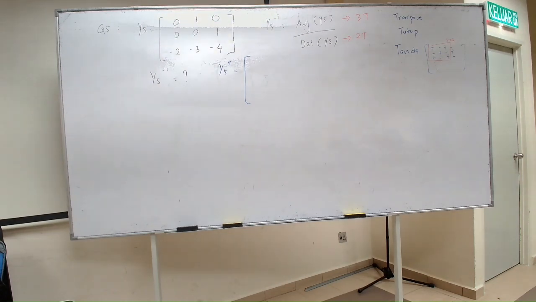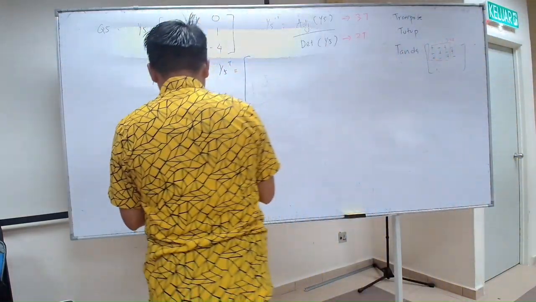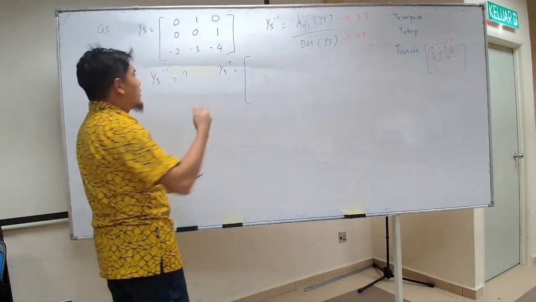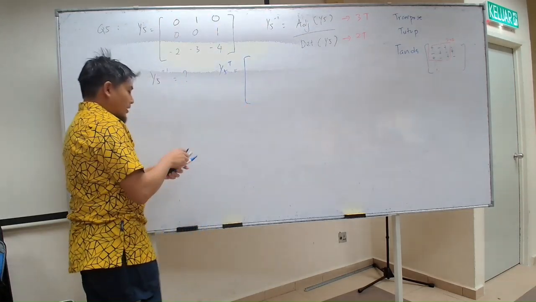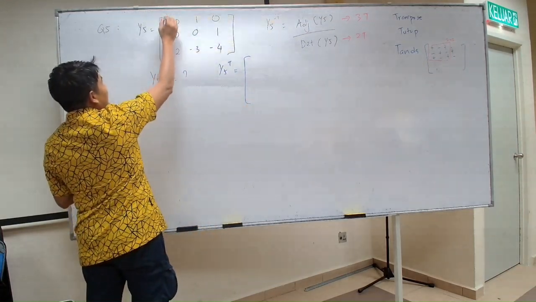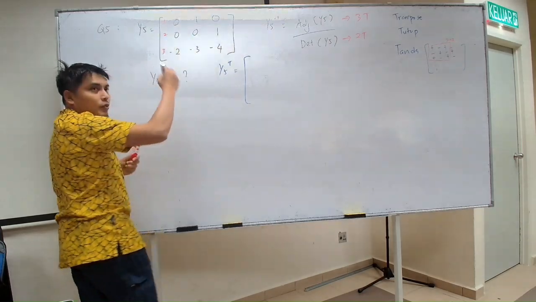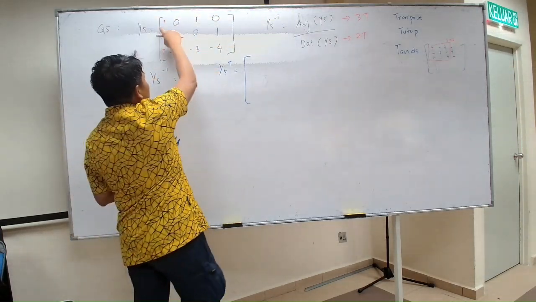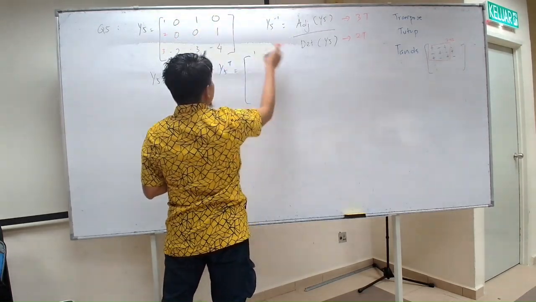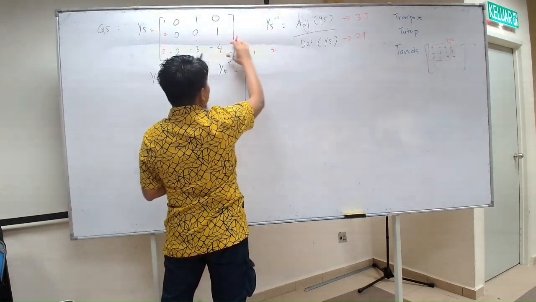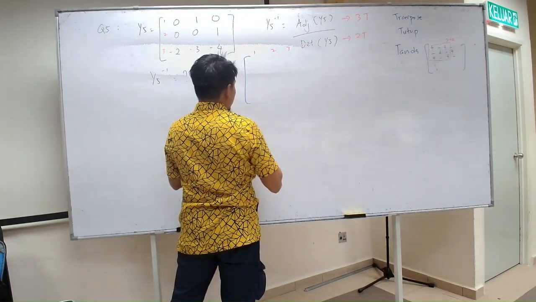So what is it? 0, 1, 0, 0, 0, okay. The transpose will convert the row to column. This is the first row, this is the second row, this is the third row. So the first row will become the first column, the second row becomes the second column, the third row becomes the third column.